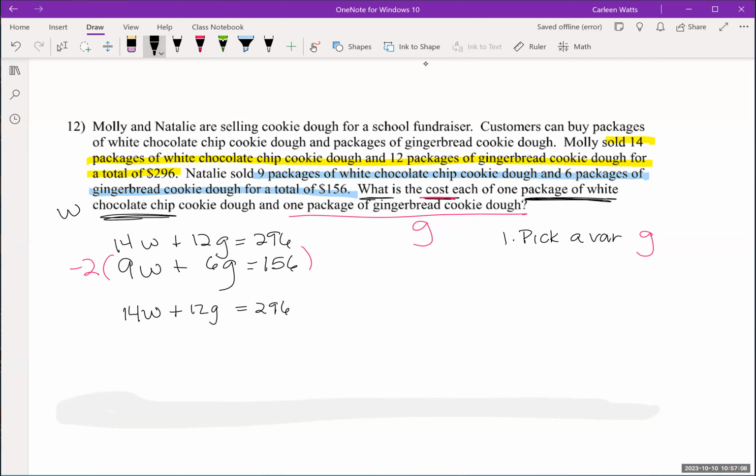The bottom one, -18W plus -12G is equal to -312. Notice I could either say plus -G or -G.